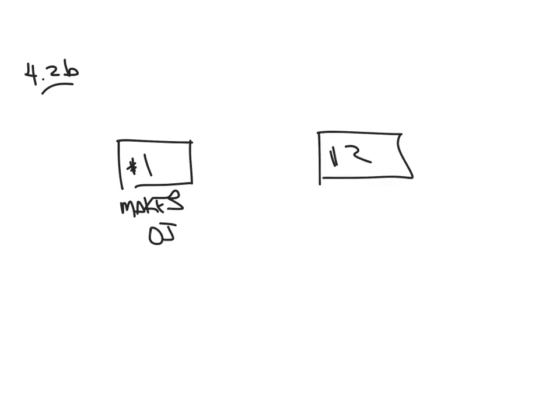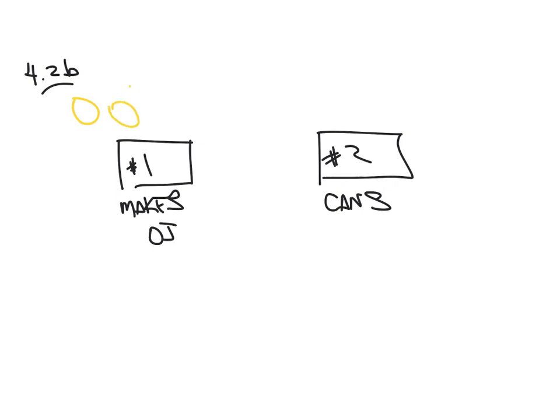Okay, so we have two machines. We have machine 1 that makes orange juice. I have machine 2 that cans the orange juice. And then I have, well, I don't have, sorry, an orange pen.